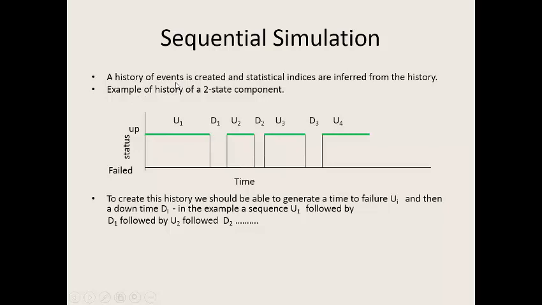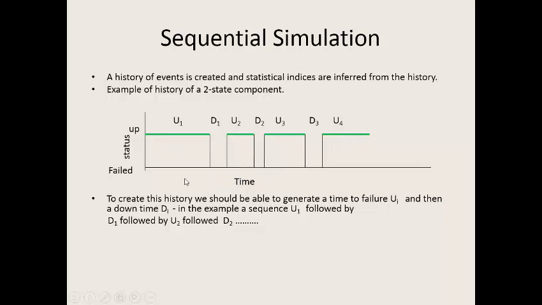So here a history of events is created, and from there the statistical indices are inferred. For example, if you take a two-state component, then this will behave like uptime, downtime, uptime, downtime, uptime, downtime, uptime, and so on.